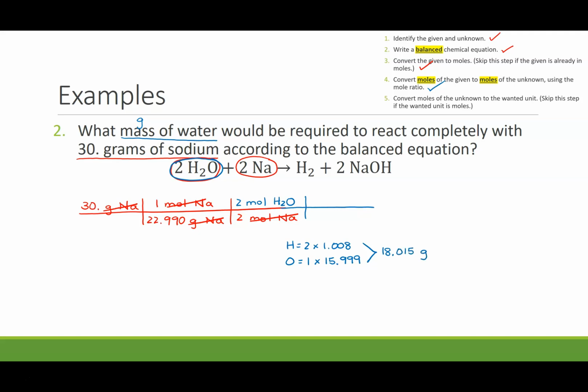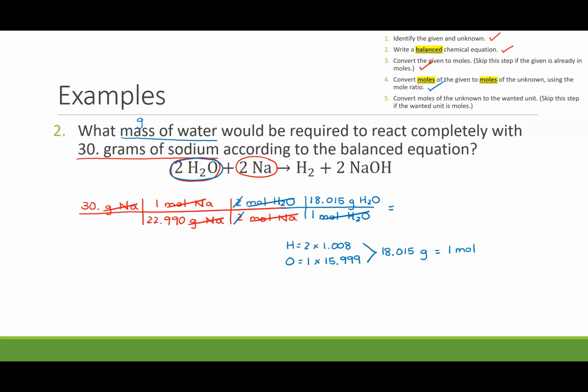So again, this means that there's 18.015 grams in 1 mole of water. All right, and so we'll put 1 mole of water on the bottom and 18.015 grams of water on the top. The moles of water will cancel out, and also the 2's will cancel out in the mole ratio.